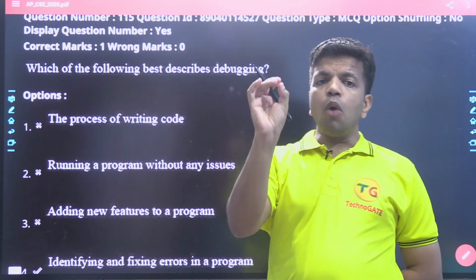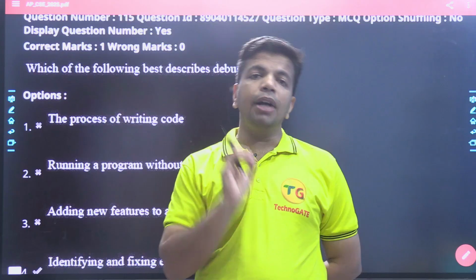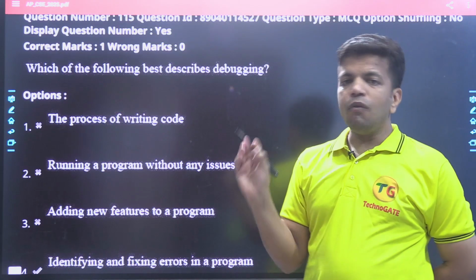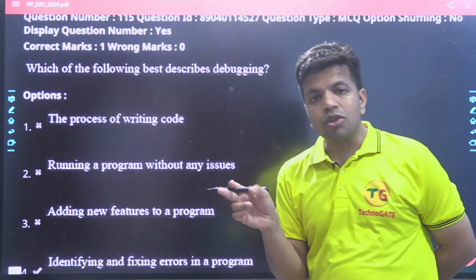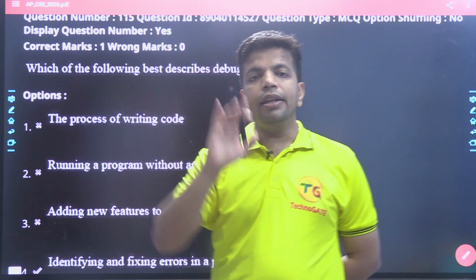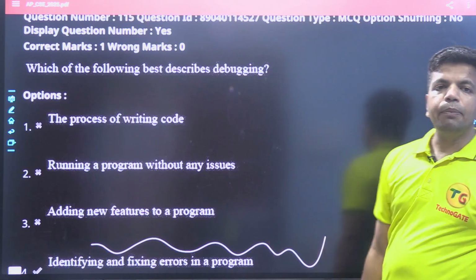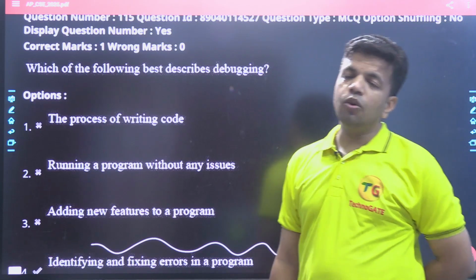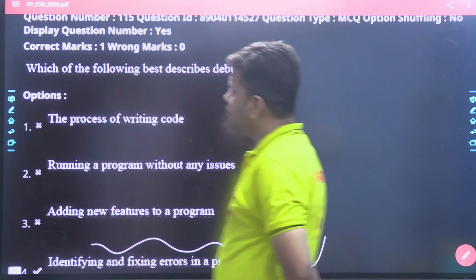To identify that error and to fix that error is debugging. We need to identify what exactly the error in the program is, and we need to fix that error also. That complete process is called debugging. So identifying and fixing errors in a program is called debugging. You can go with the last option. Let's move to the next question.